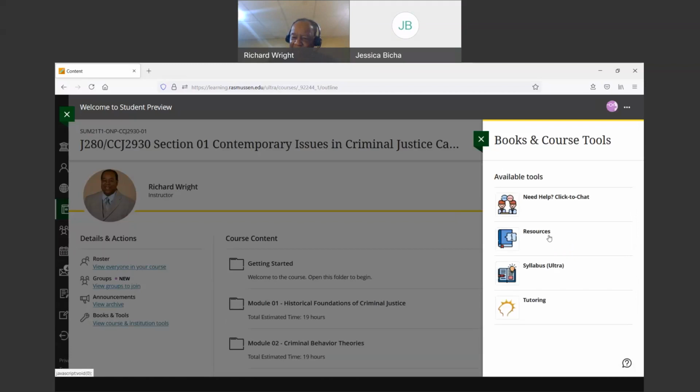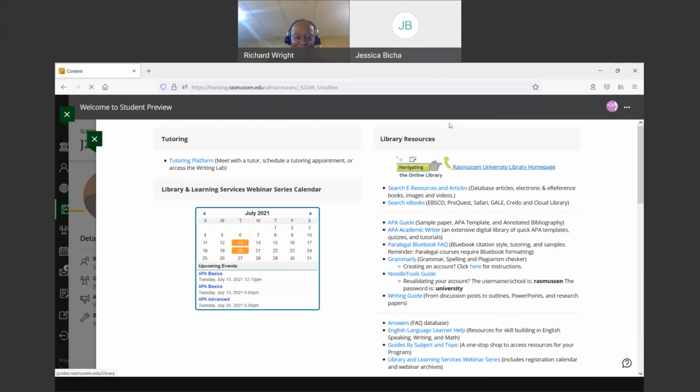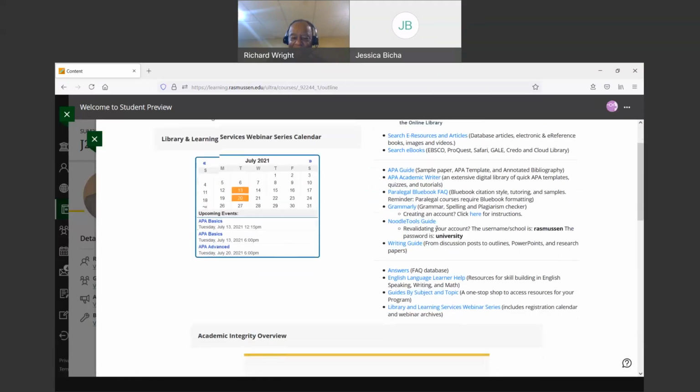So you see what I was saying about the syllabus. You didn't see that amending one. But here's resources. That is where your resources information is, and it's the same stuff that you used to have before, APA and all of that stuff.